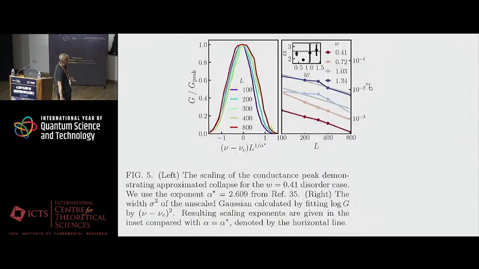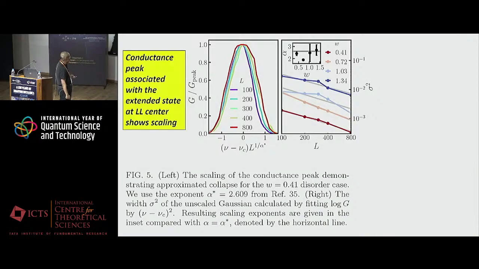So we also did just the conductance itself. Does it scale? And the answer is, it does scale. And we did the scaling. I'm not going to go into the details. You get an exponent which is roughly 2.609. Theoretically, you expect it to be 7/3 because it's a percolation network with tunneling. But on a field theoretic basis, you can show there'll be strong corrections to scaling.